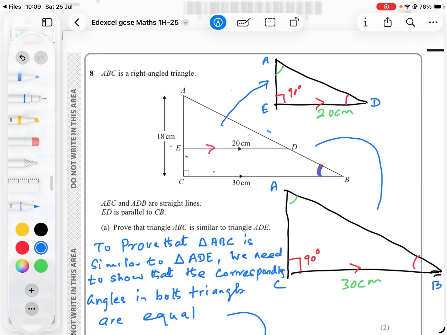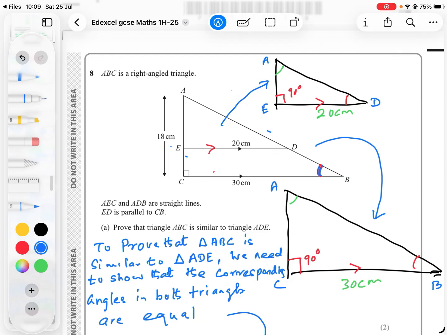So big triangle ABC here. I have split them for you to make it easy to understand, right? So now you have two triangles, AED and ACB.